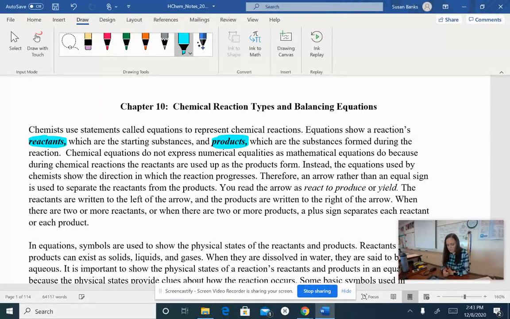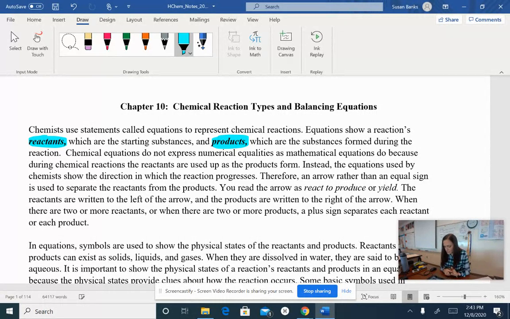Okay? Chemical equations do not express numerical quantities as mathematical equations do, because during a chemical reaction, the reactants are used up and the products form. So we can't say one thing equals another thing. What we're saying is the reactants react to form this, okay?